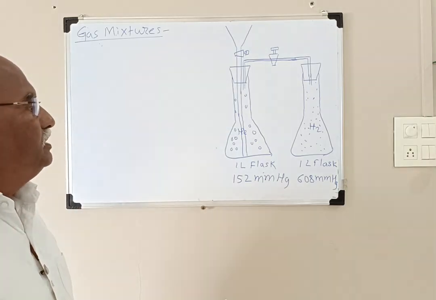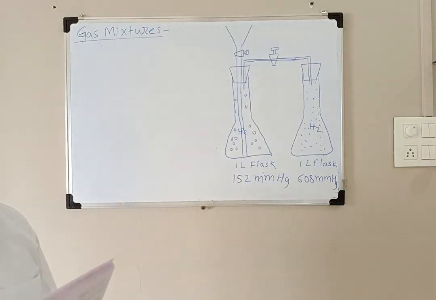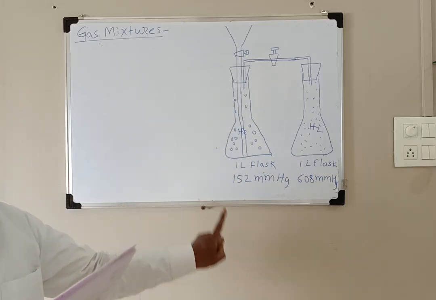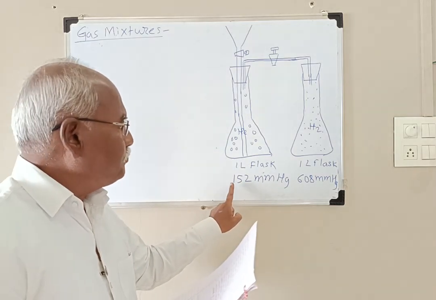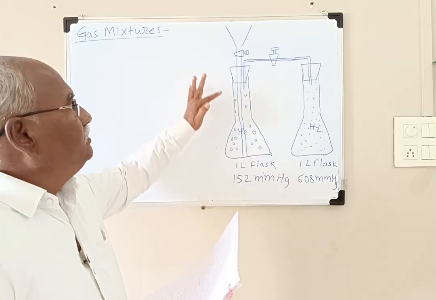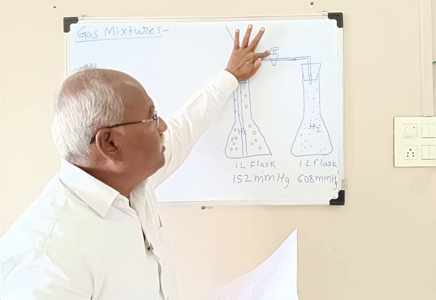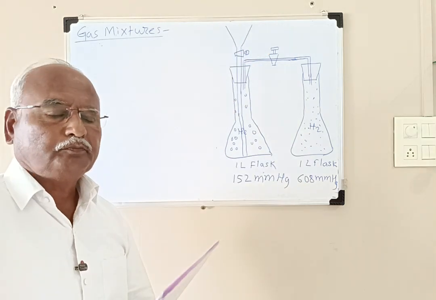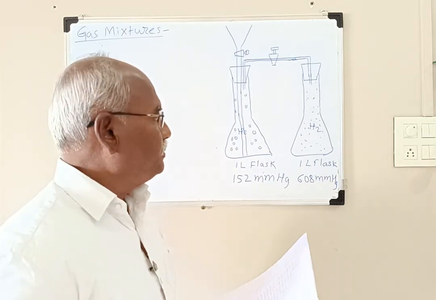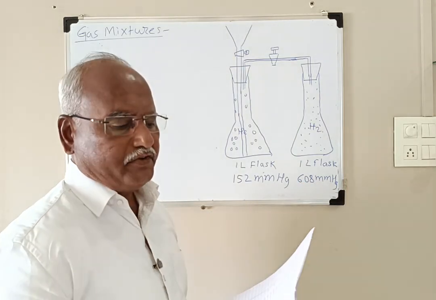In this flask, 1 liter of helium is taken. Helium is filled up to 152 mmHg. This valve or cork is closed. This valve or cork is also closed. In the second flask, hydrogen is filled under 608 mmHg pressure.